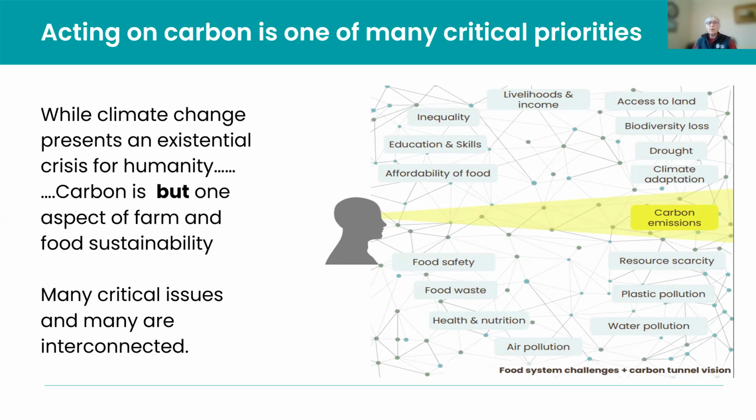And that's why it's so complicated for farm businesses, because they have to juggle all these different levers and imperatives. And you can see here down the right-hand side, biodiversity loss, drought, climate adaptation. These are all critical, as well as resource scarcity. And all these things contribute to the challenge of the farm businesses of reducing their emissions, removing carbon in order to get towards sort of a net zero situation.